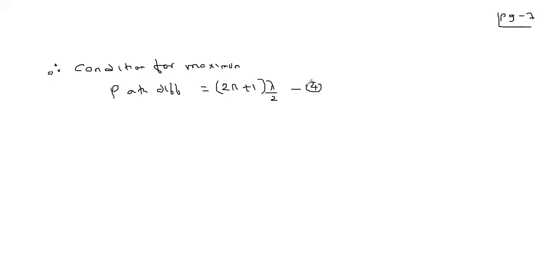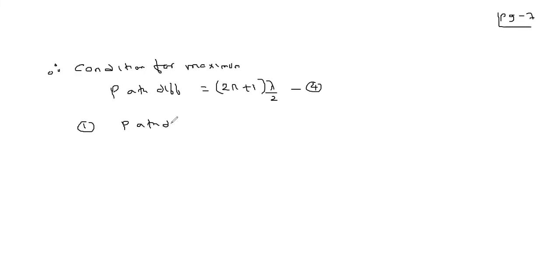Therefore, what is the condition for maximum? The path difference between A and B is equal to an odd number, 2n plus 1 lambda by 2. Take it as equation number 4. What is the first equation?